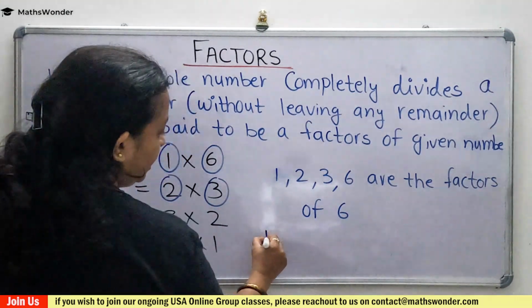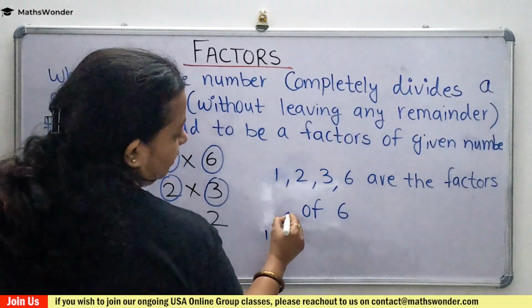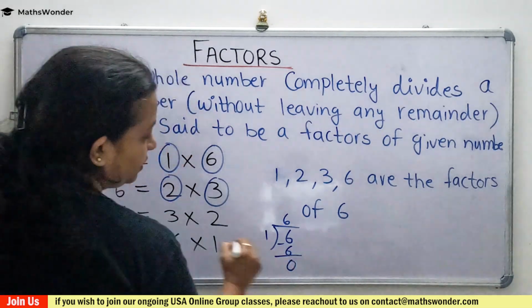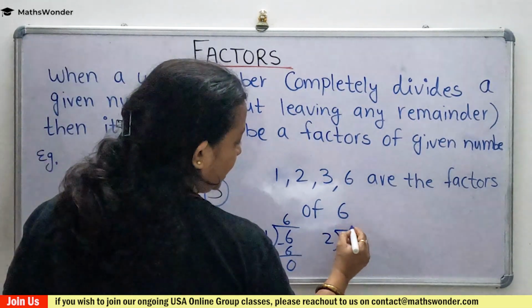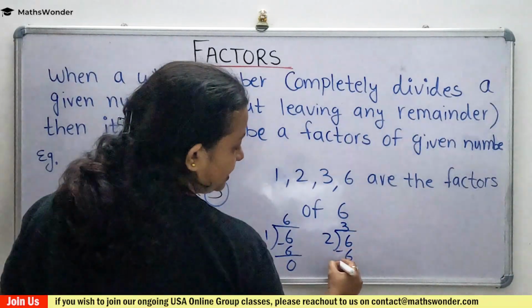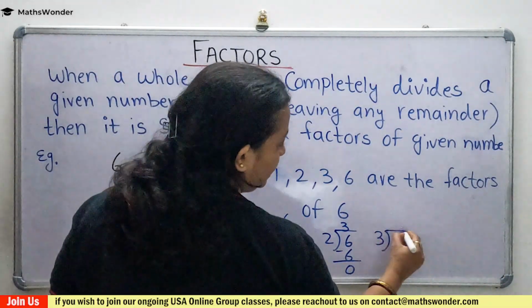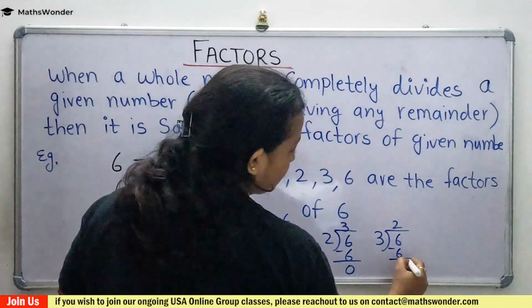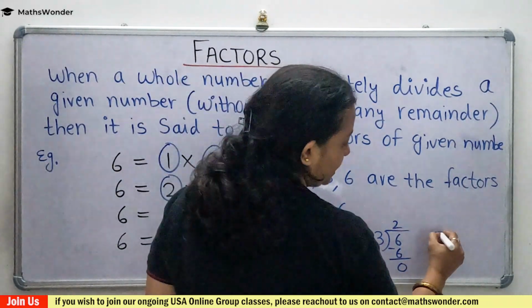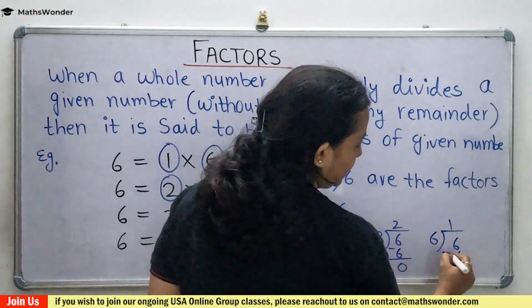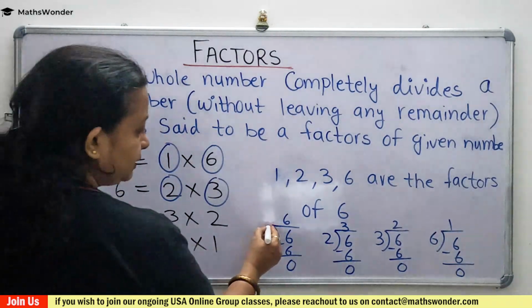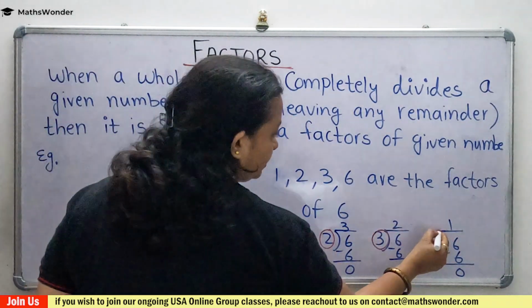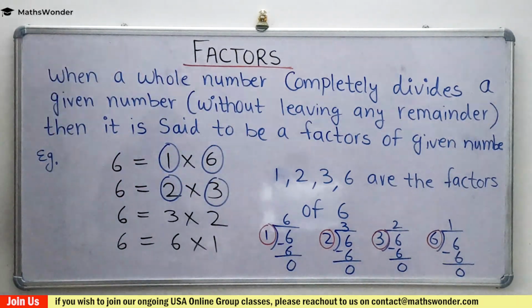So basically 6 divided by 1, 1 times 6 will give 6 without leaving any remainder. Now 2 times 3 will be 6, remainder is 0. Then 3 times 2 will give 6 without leaving the remainder. And 6 times 1 will give 6 without leaving the remainder. That's why these 4 numbers are the factors of 6. Alright?